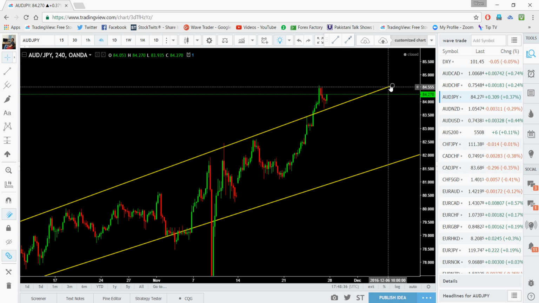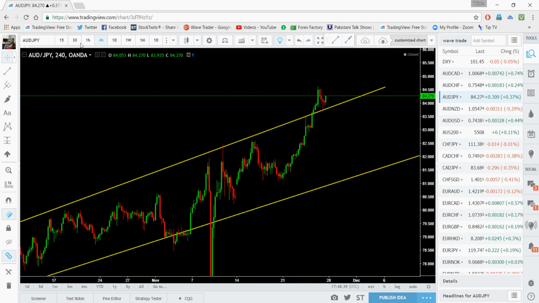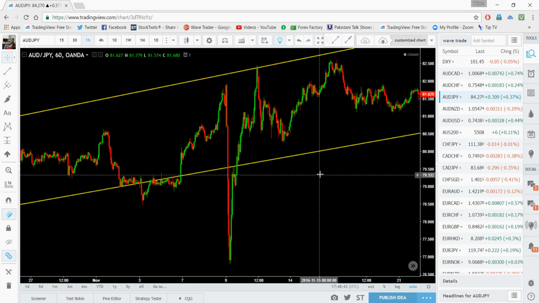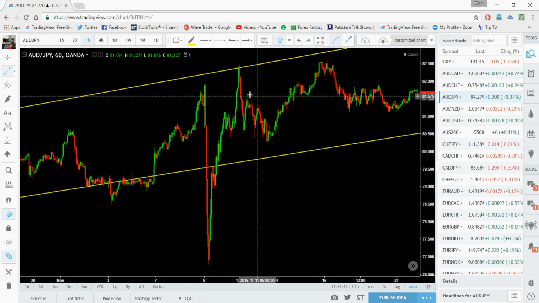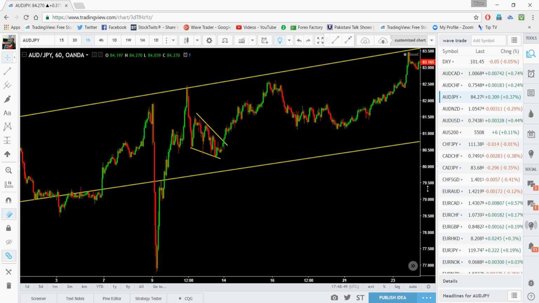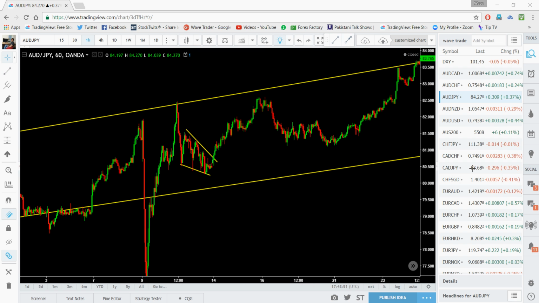Last week we were expecting this formation, that price can break this pattern to the upside and come up to the trend line, and then start to fall. We found that trend continuation pattern.